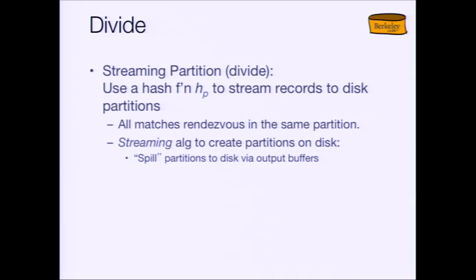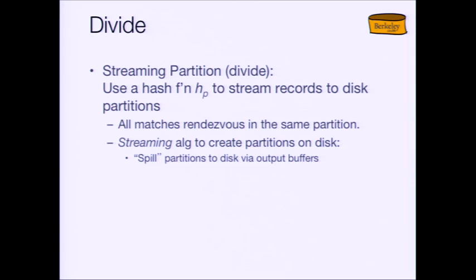So what we're going to do is a streaming algorithm to partition the data into super-duper coarse-grained partitioned hash buckets. So here's the idea. We'll use a hash function, HP. P for partitioning, okay? A record's going to come in, and let's say we're looking at students, and major is the thing we want to hash on. So we'll look at the major field in every student record, and we'll hash it with HP. HP is going to tell us a partition number to put it in, and there's not going to be that many partition numbers.